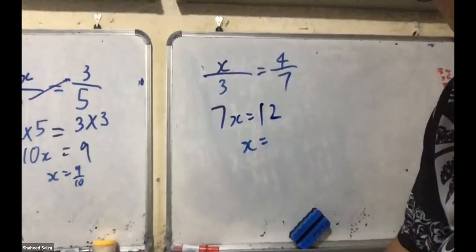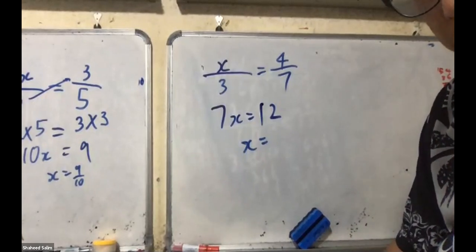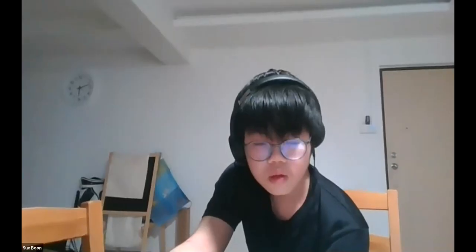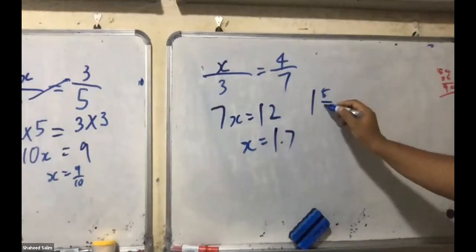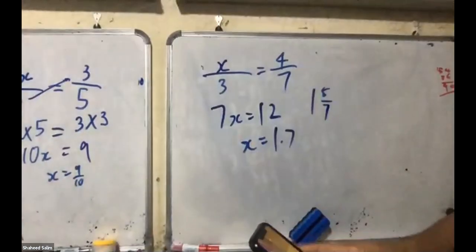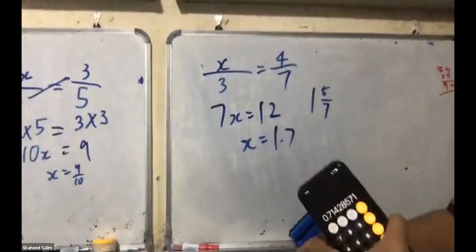Good. x equals 12 over 7. 1 and 5 over 7. 5 over 7 is 0.7. Is it 1.7? Hold on. Yeah, 1.71, this amount of 1.714.